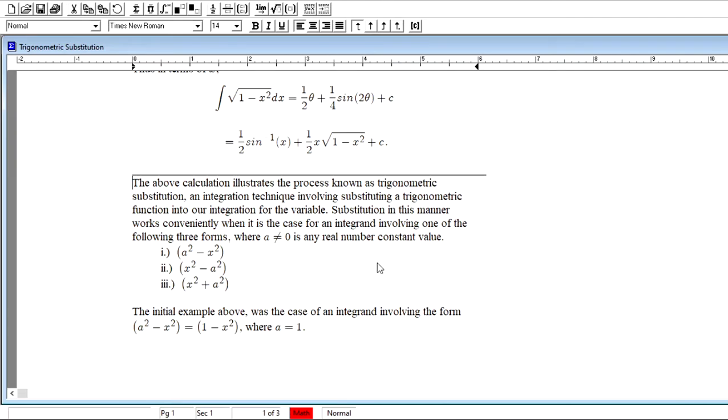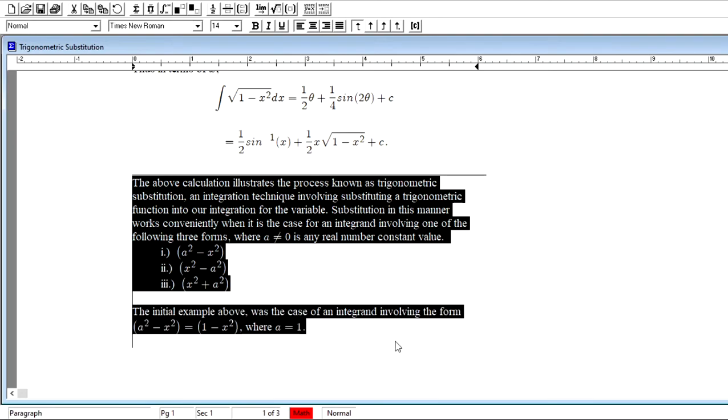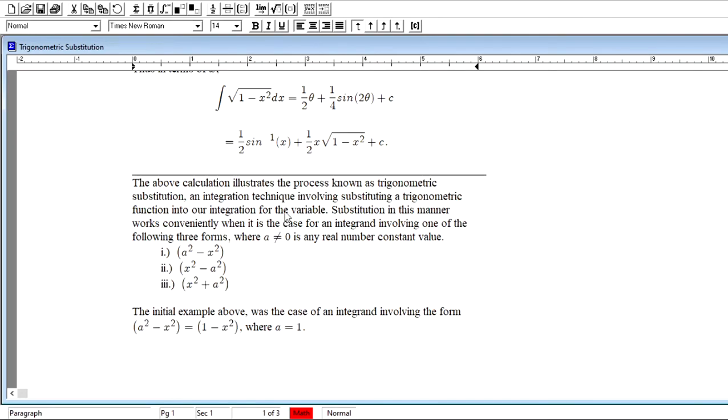All right, calc, folks. If you read through this, it will tell you that the above process illustrates what we call trigonometric substitution.